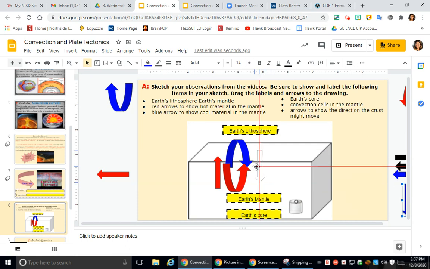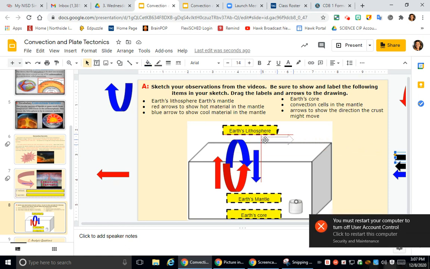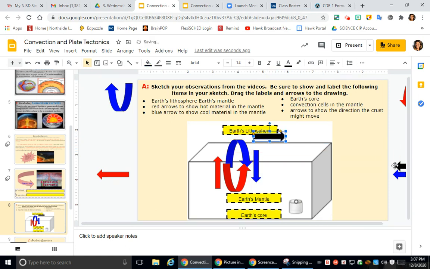So we know that cool air sinks, or we can say the cool part of the mantle is going to sink, and then it's going to get heated up by that mantle again. So what I would like you to do is really illustrate convection. So warm material rising, cool air or material sinking. And this convection is going to drag the lithosphere, the crust, apart.